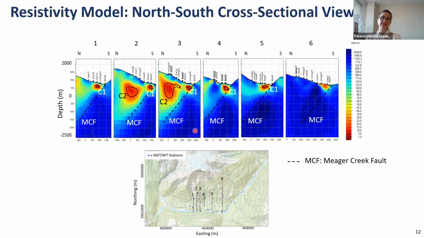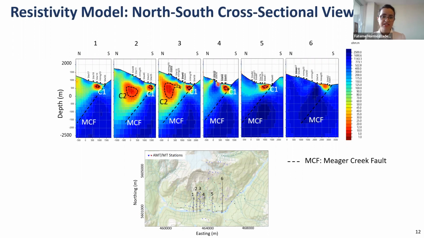And so we have seen how these two dominant conductors in the area are controlled by local faults, both the Nogood fault and here the Meager Creek fault. C1 and C2 are highlighted areas, and they can be, as I mentioned, the possible cap rocks. I should also mention that there is a relatively resistive zone with the resistivity of around 200 ohm meter exactly beneath the surface.